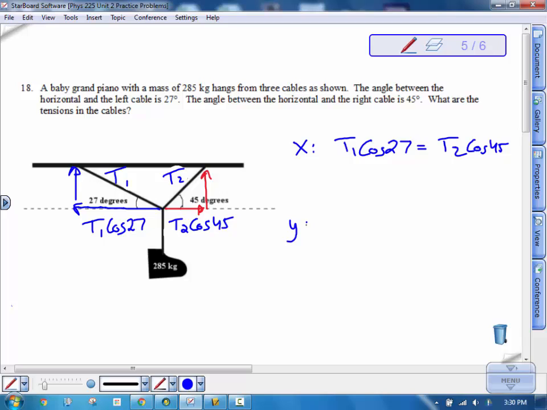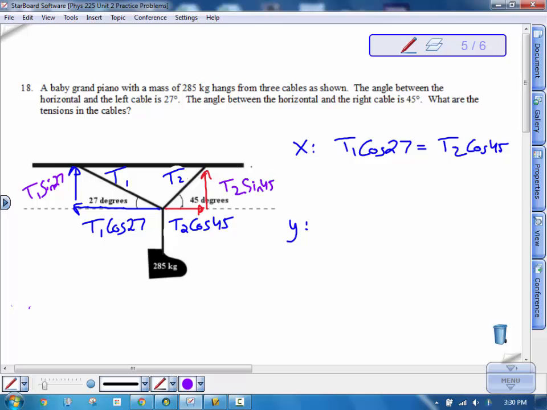And then the other equation comes from the y. This is now t sub 1 sine of 27. And if you're not sure, do sine of 27 equals opposite, I'll call that y for right now, over hypotenuse. Multiply both sides by t sub 1, and you'll find out that this is t sub 1 sine of 27. And similarly, this is t sub 2 sine of 45.